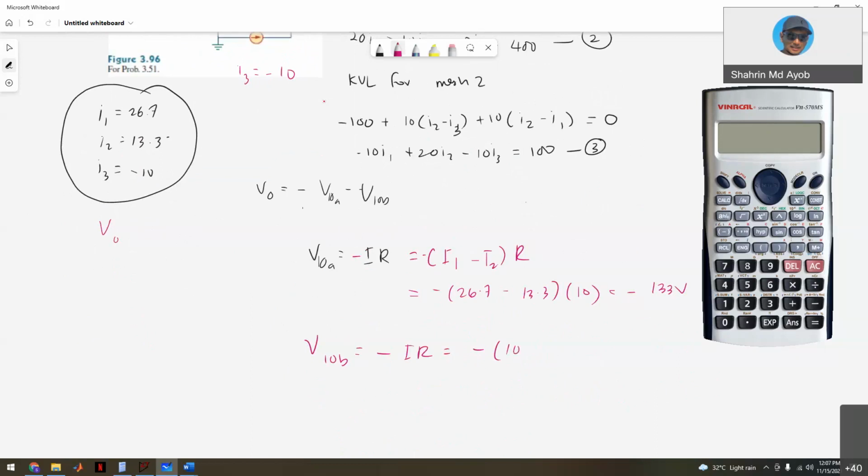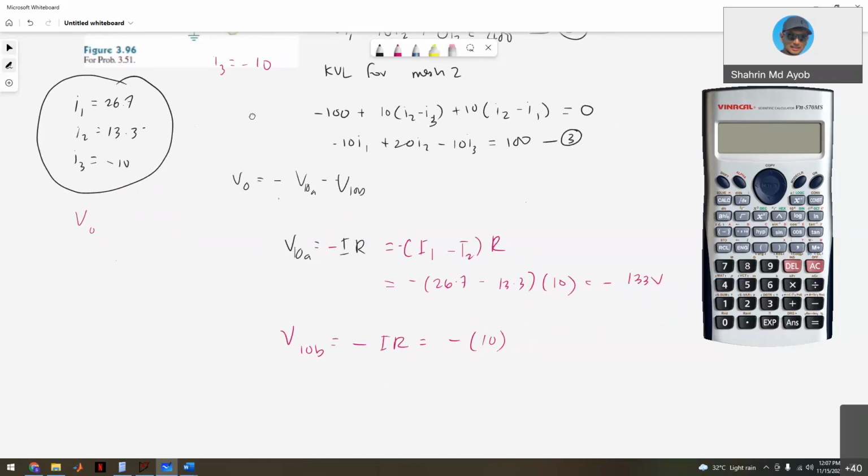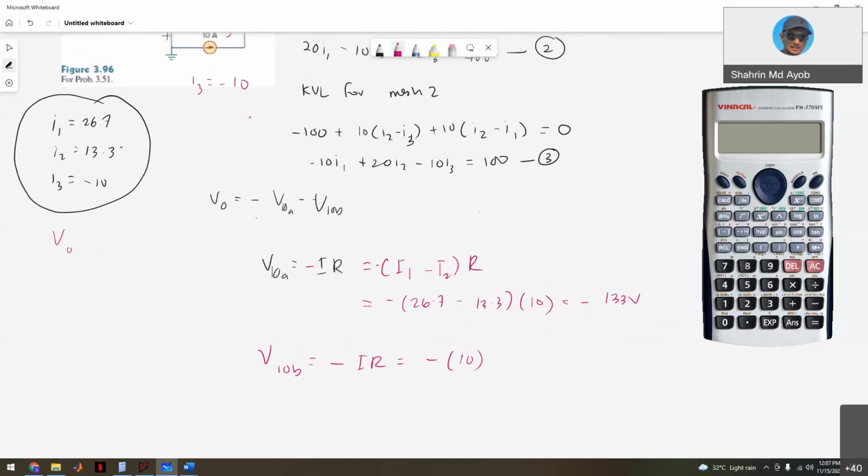We have 10 here, multiplied with R, where R is 10 ohm. So you will have 100.